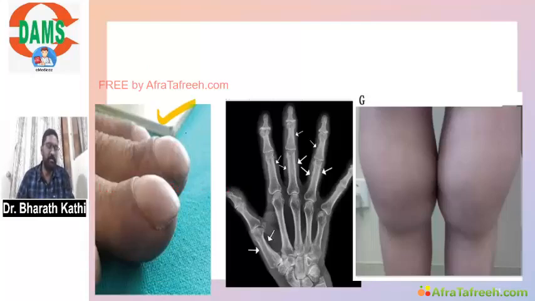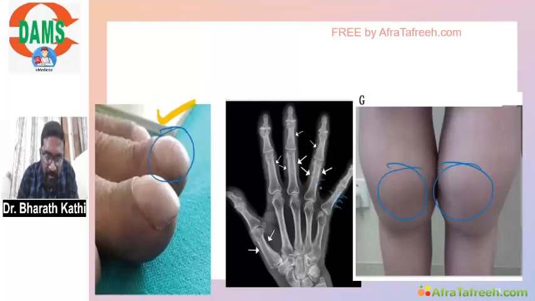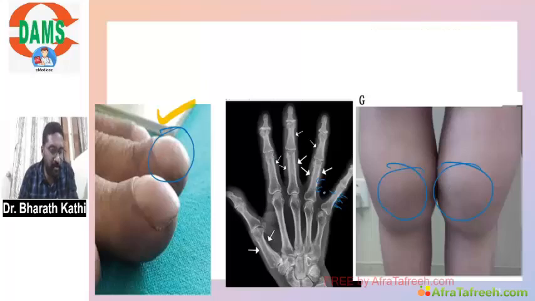They will give you these three images: the finger, the joint image, and also this X-ray. Can you see this whitish periosteal proliferation? This is a combination of clubbing, arthritis, and periosteal proliferation.